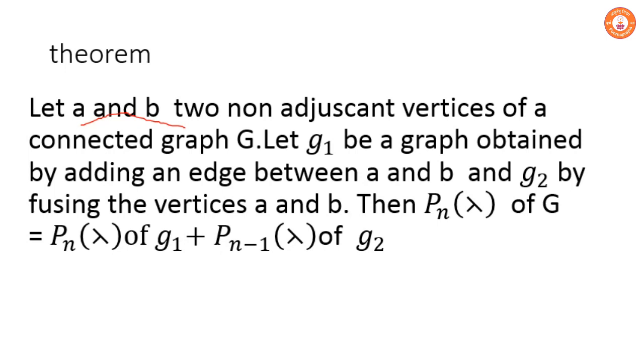By joining an edge between those two non-adjacent vertices, we can obtain a new graph G1, and by fusing two non-adjacent vertices, we can obtain another graph G2. Then the result says the chromatic polynomial of the given graph G is the sum of the chromatic polynomial of G1 and that of G2.